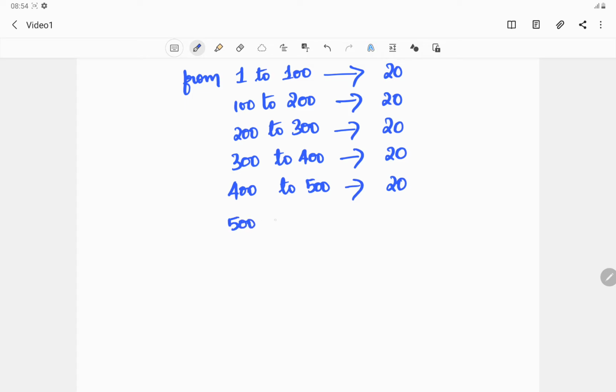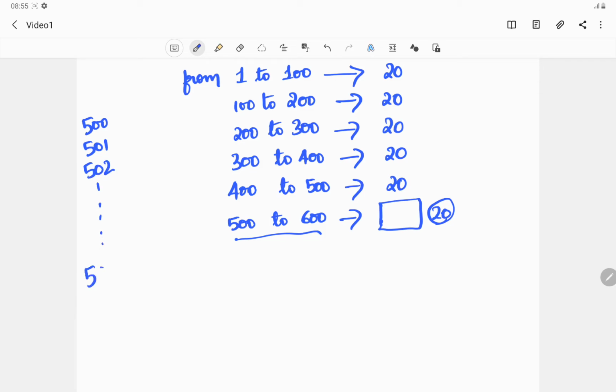Now from 500 to 600, let us leave this, because here there are 100 consecutive natural numbers, but still it won't appear 20 times. Common sense says that if you list all the numbers from 500, 501, 502, and so on till 599, there are 100 numbers, and 100 numbers will definitely contain this 5, because each number will start with 5.